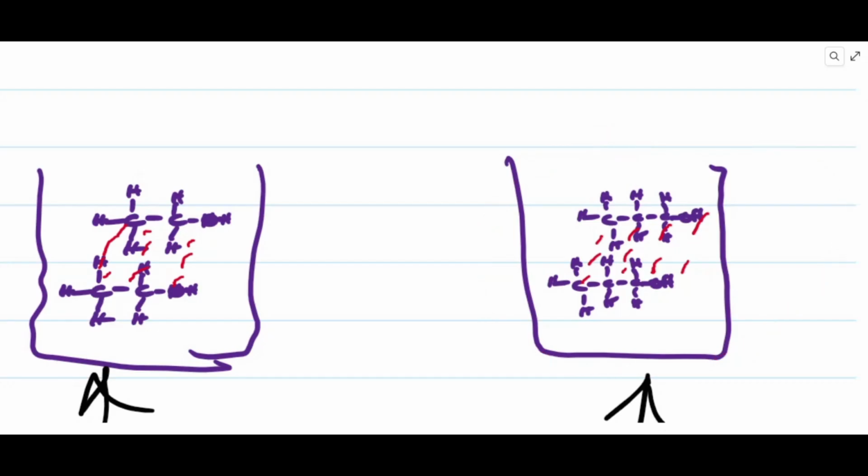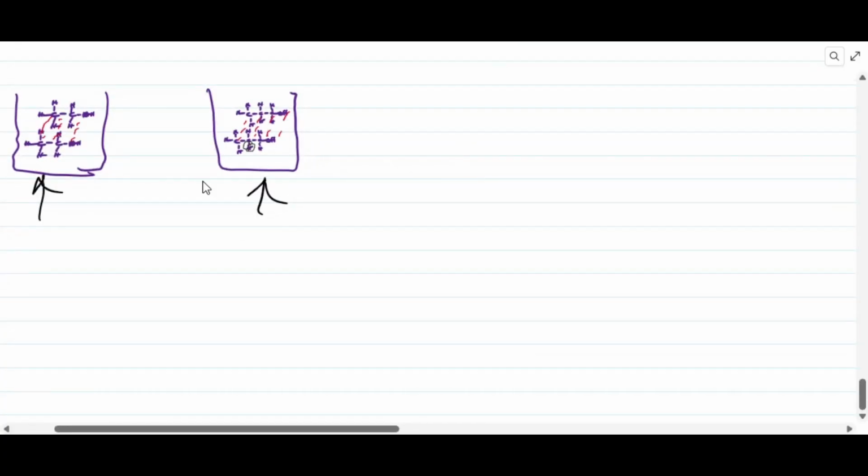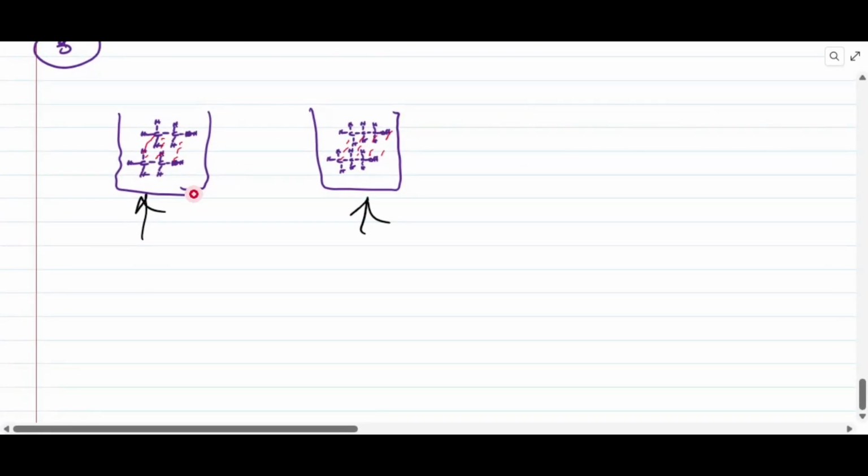So it means you have more bonds to break in order to separate a molecule of propanol from each other, compared to the bonds you are going to break if you are separating the molecules of ethanol. So that is why you will exert extra heat energy in order to get propanol separated.